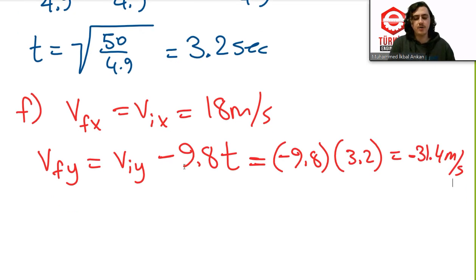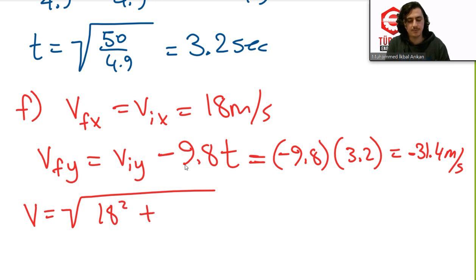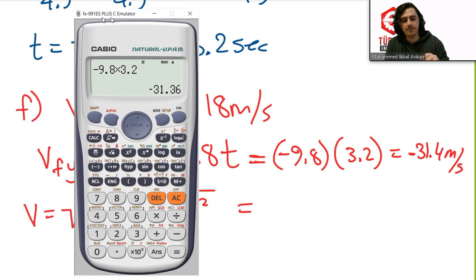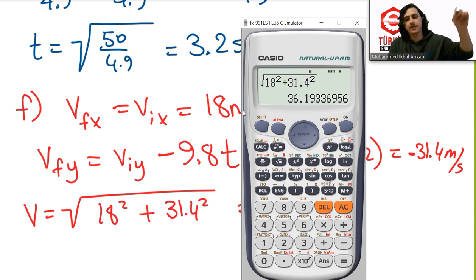Okay, so I know two velocity components, so I can solve for v, which will be just 18 squared plus this one. When you square it, you will get rid of the minus sign, so you can put just the positive, because when you take the square of a negative value, you will get positive. 18 squared plus 31.4 squared in a square root will give me the resultant velocity, actually the hypotenuse.